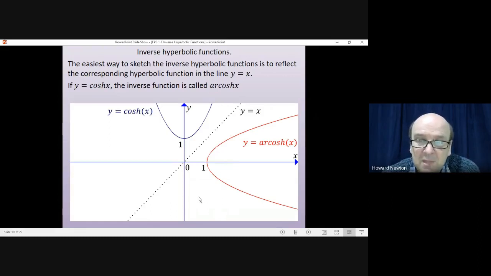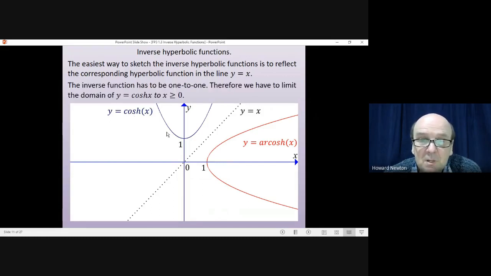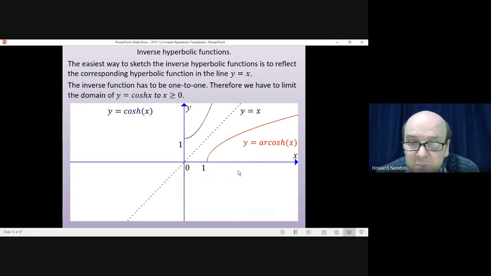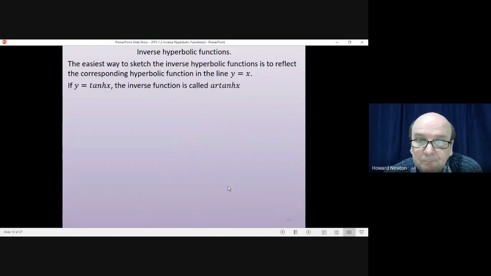Now, the way we deal with that problem is we limit the domain of the original function. So we limit the domain of y equals cosh x to x has to be greater than or equal to 0. And that just gives us half of the curve, which means we only get half when we reflect it in the line y equals x. So that's what the inverse function would look like.